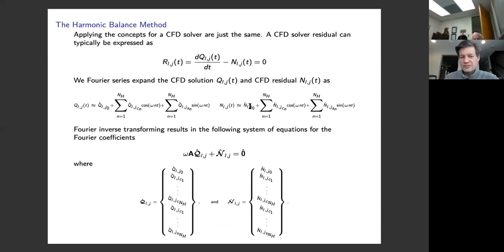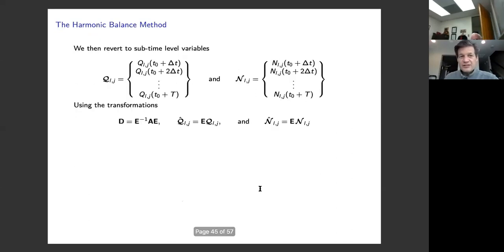We end up with a system of equations in terms of the Fourier coefficients, but we don't want to deal with those because we don't know how to evaluate them directly. So what we do instead is we revert to the solution and also the CFD operator itself evaluated at subtime levels within a period of oscillation, and we use the transformations that we showed on the previous charts.